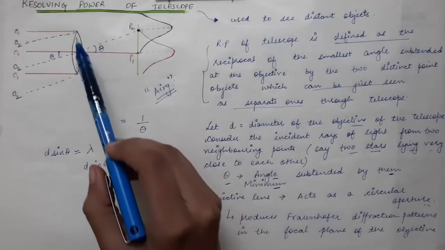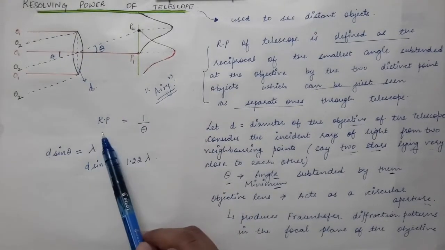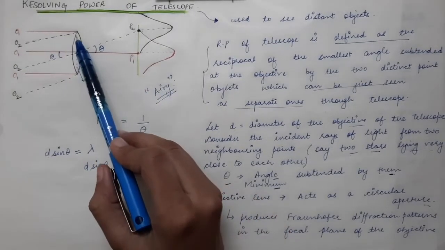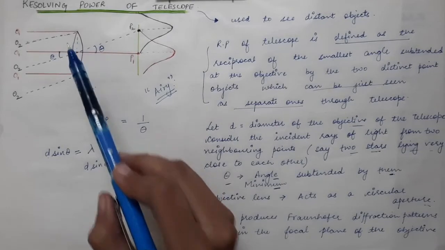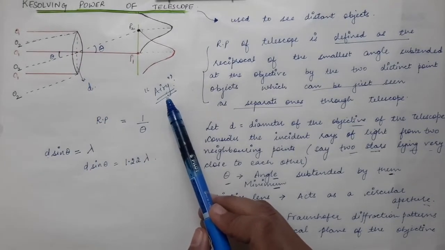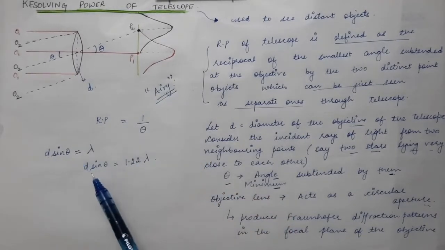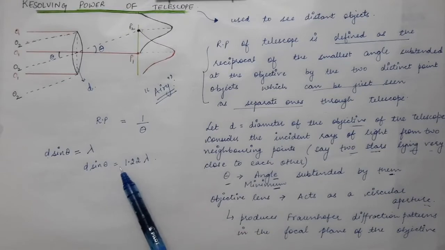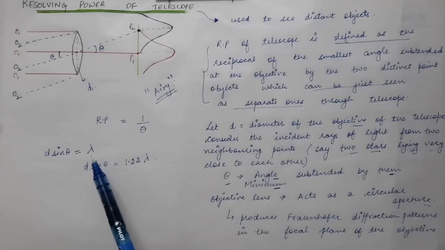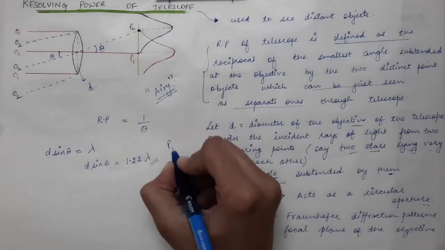If you have just a simple slit, then this condition is exactly the same. But for a circular aperture the condition is modified because of various experimental results obtained by Airy, and he found that the condition of minima should be d sine theta is equal to 1.22 lambda instead of lambda. So this is the condition that we will use for the P2 point.